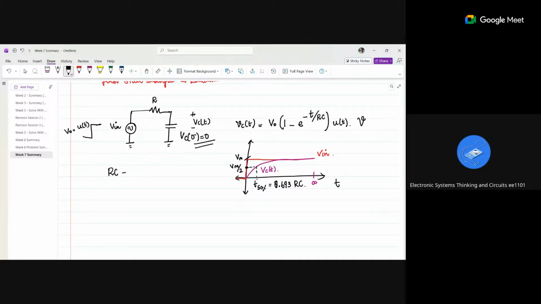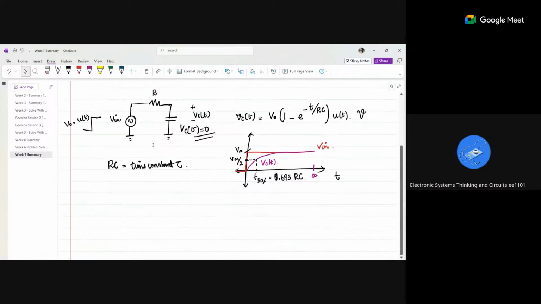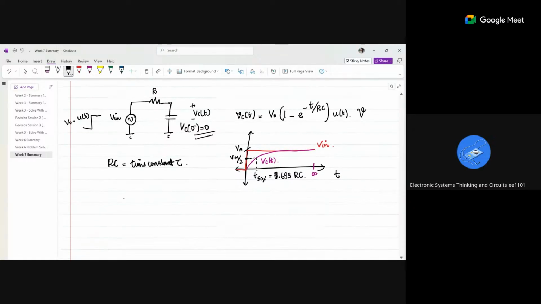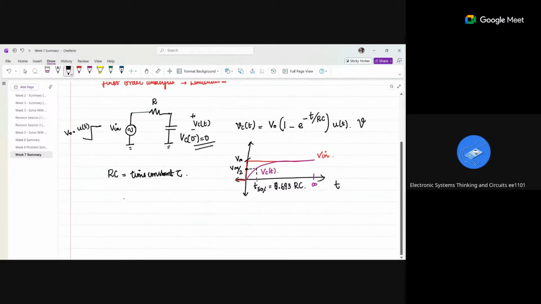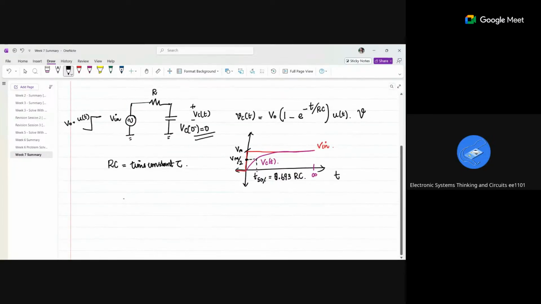And RC we will also call the time constant, tau. So this is what we saw for the same circuit. This is the step input response, right? This is what we saw at the end of the 6th lecture.